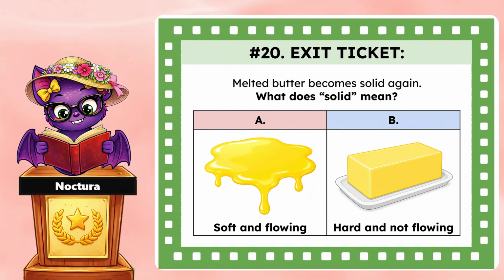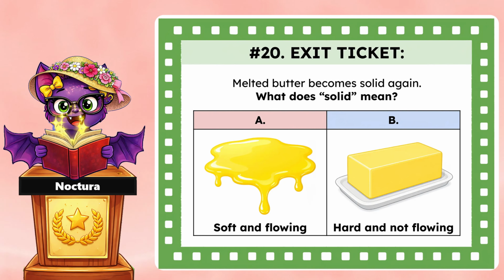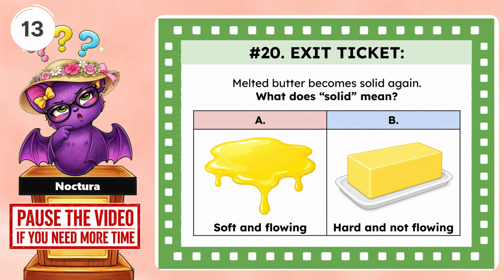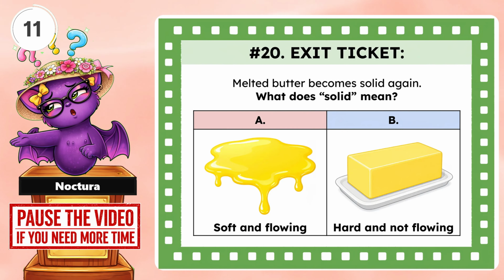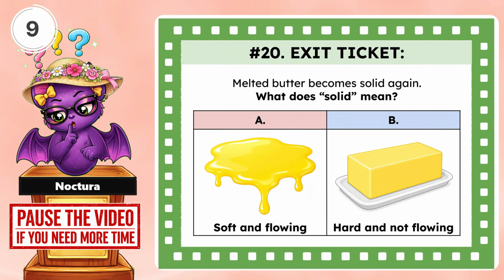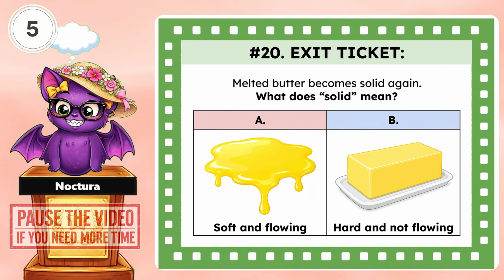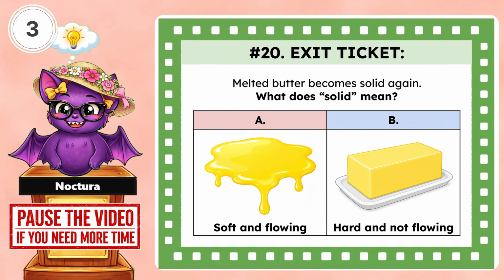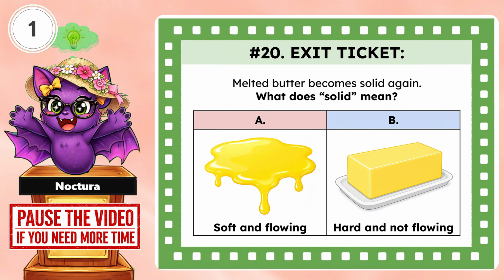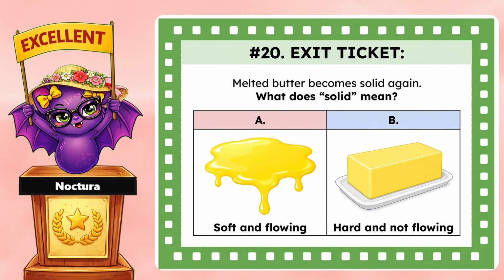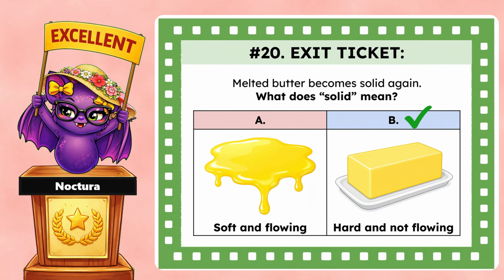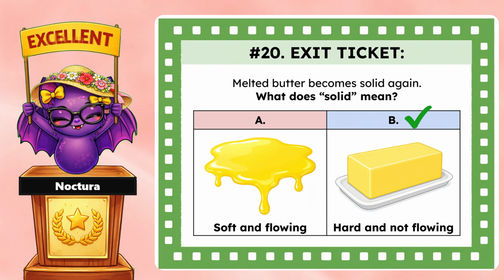Melted butter becomes solid again. What does solid mean? And the correct answer is letter B, hard and not flowing.